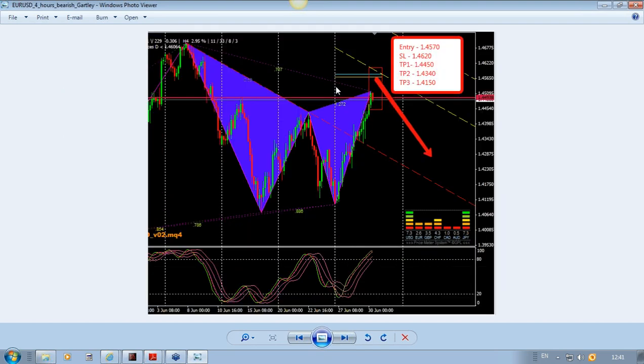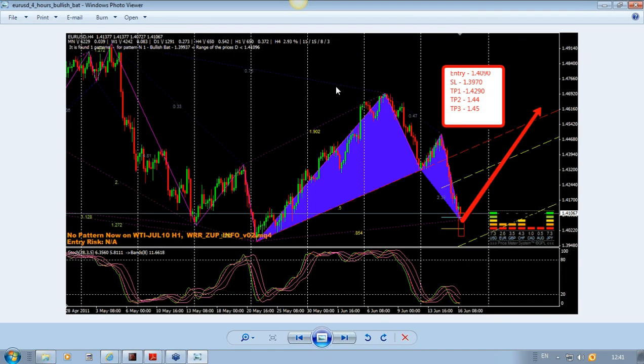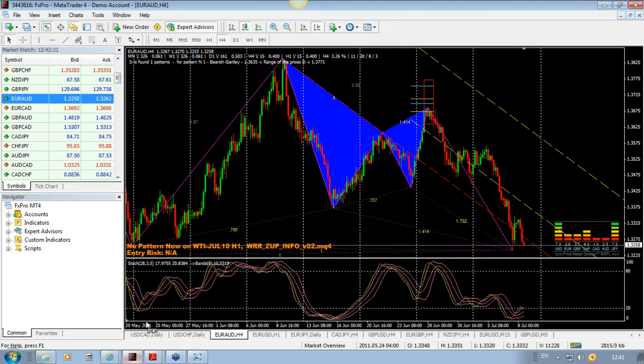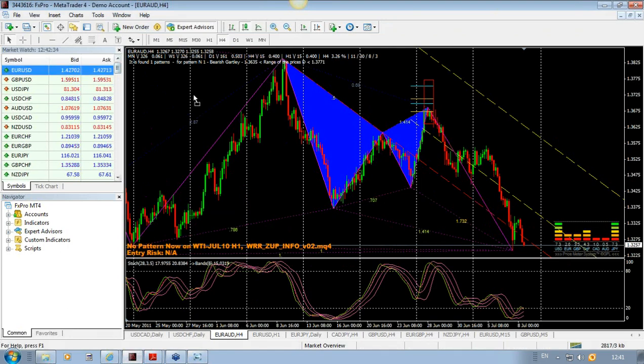Okay, that's the euro Gartley, and this is a bullish bat, the one I wanted to explain. It happened at the very beginning of our club, our service. Just a few days before, we discussed it on the previous live room, my previous service, the Forex Signals. We discussed this trade, and I just want to show you how it was.